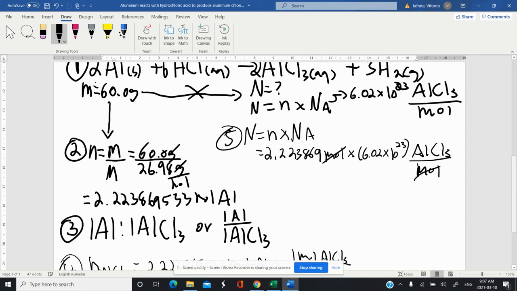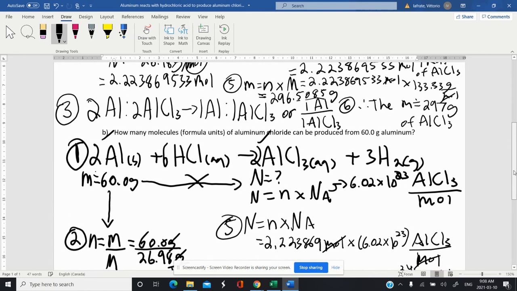You cross out the moles, and we get 1.33876945 times 10 to the power of 24 aluminum chloride particles.